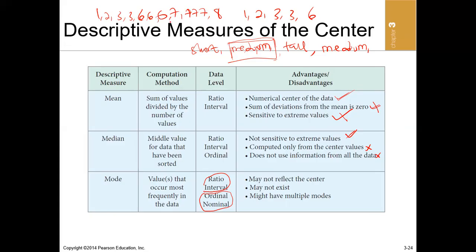So mode may not reflect the center. Sometimes mode may not even exist. So if I have figures like 1, 2, 3, 4, and 5, there is no mode. And sometimes data can have multiple modes. These are disadvantages.